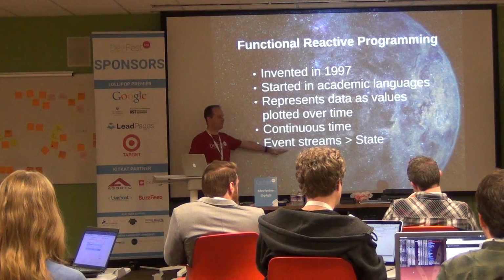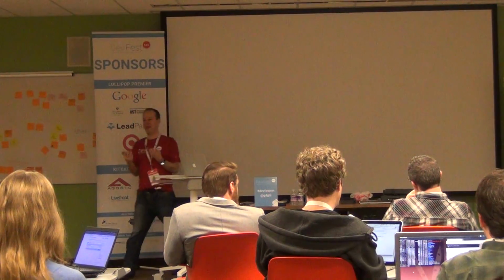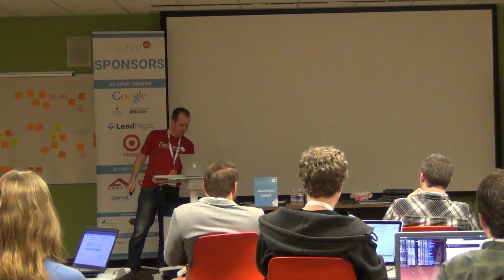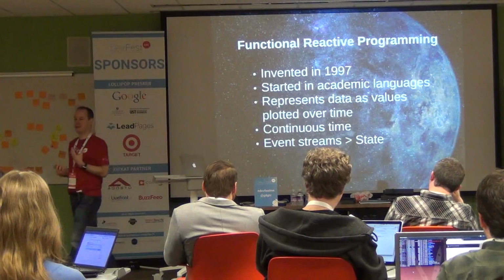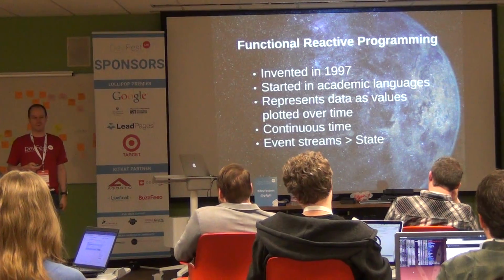But one of the key ideas was that event streams are superior to state. We don't want to have to sit there and maintain state variables for our whole lives and make that what our job as programmers is about.